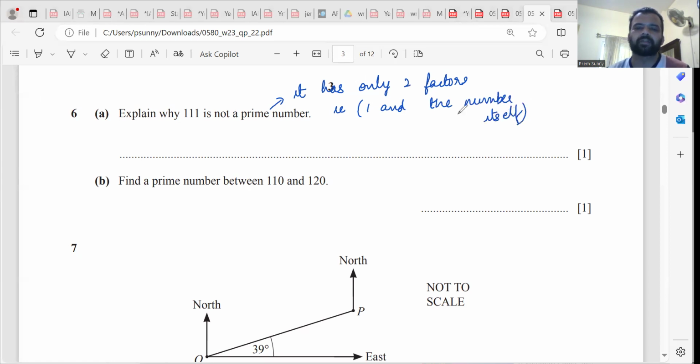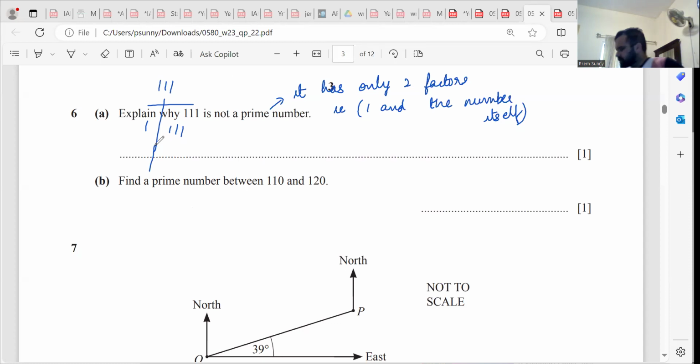So if you find the factors of 111, 1 times 111 is 111.